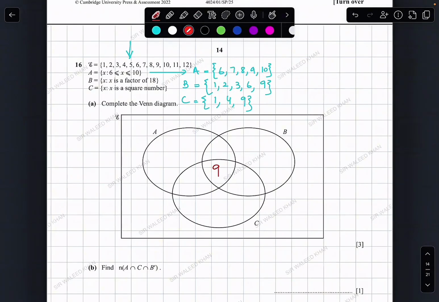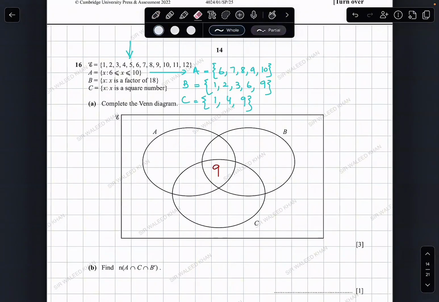Good. Is there any number which is common between A and C only? No? Is there any? No. A and C? No. Except 9, there is no other. So do not write a 0 over here. Those who write a 0, it's wrong.